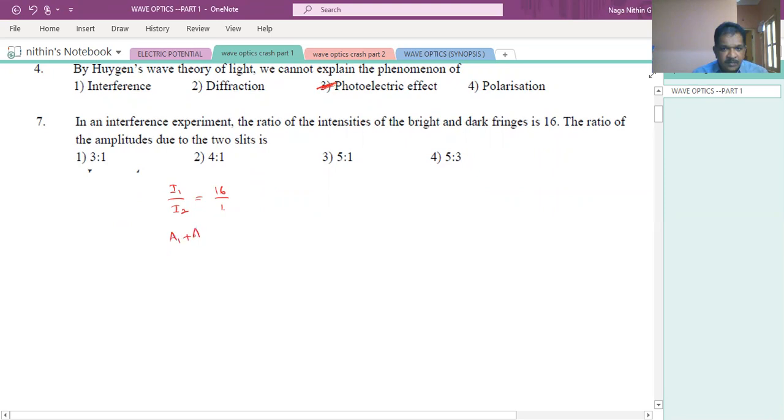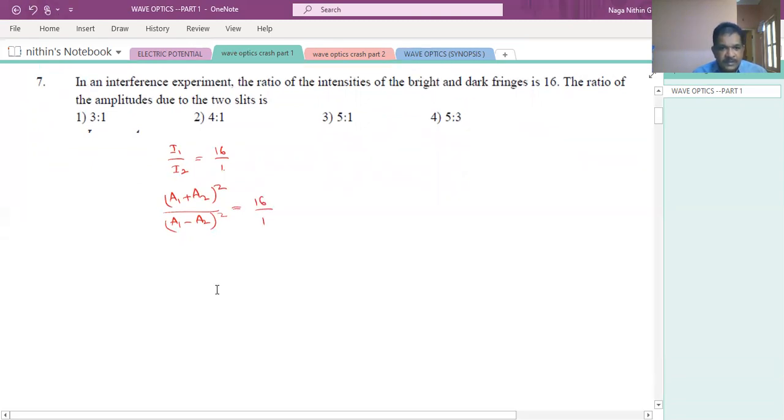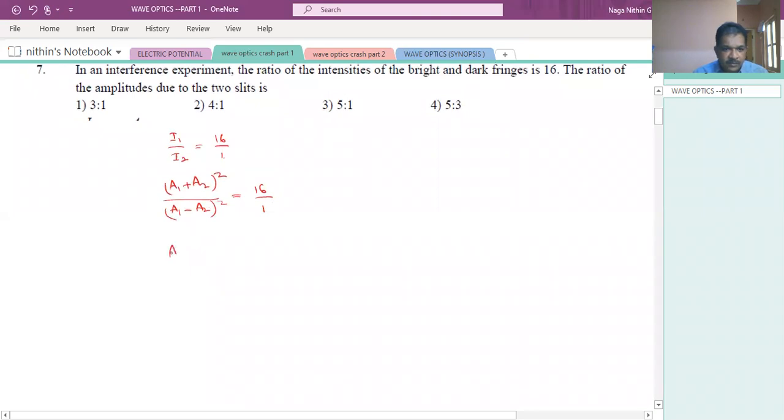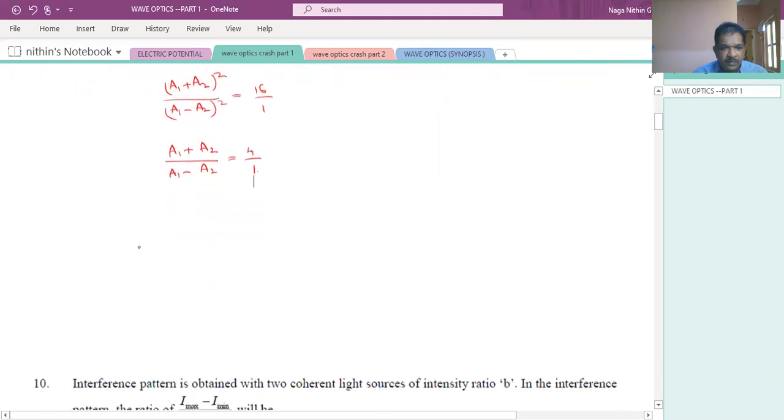I1, the bright band intensity, is (A1 plus A2) whole square. I2, the dark band intensity, is (A1 minus A2) whole square. That is equal to 16 by 1. So (A1 plus A2) by (A1 minus A2) is equal to 4 by 1.